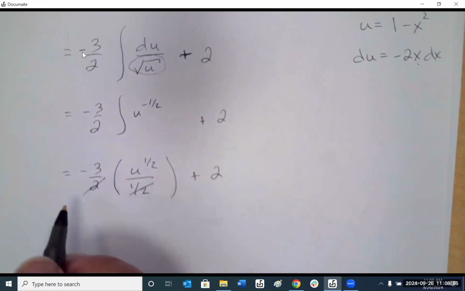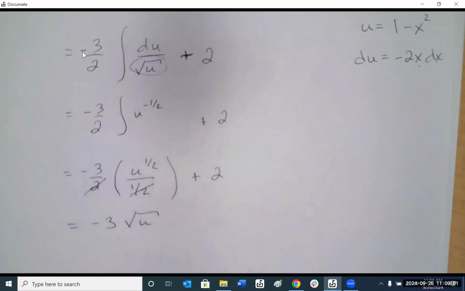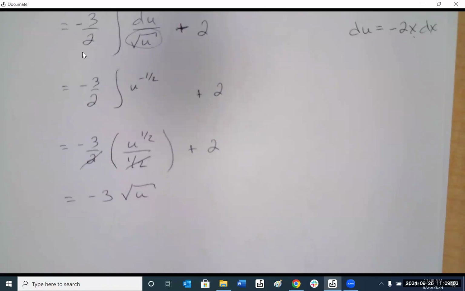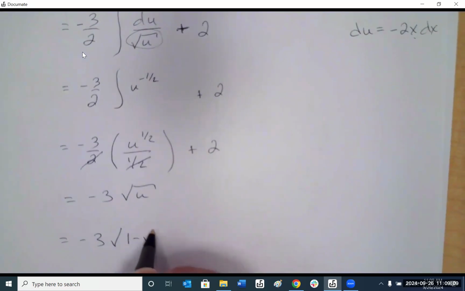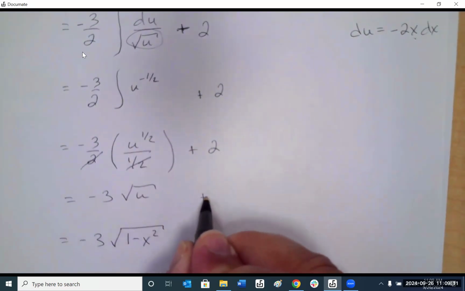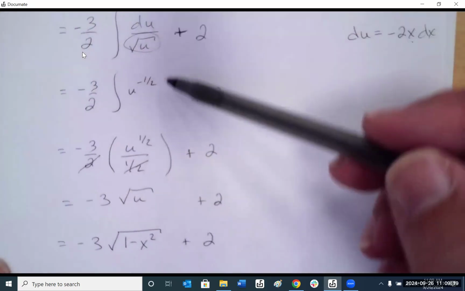The twos cancel, which is negative 3 times the square root of u. U is 1 minus x squared. So that's this part.